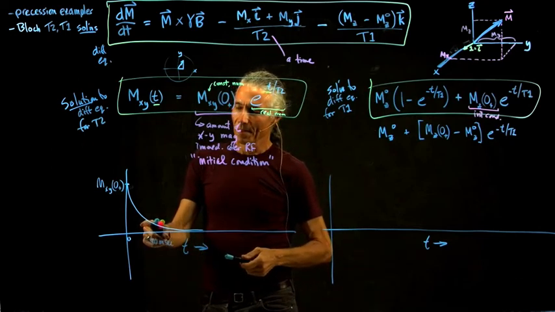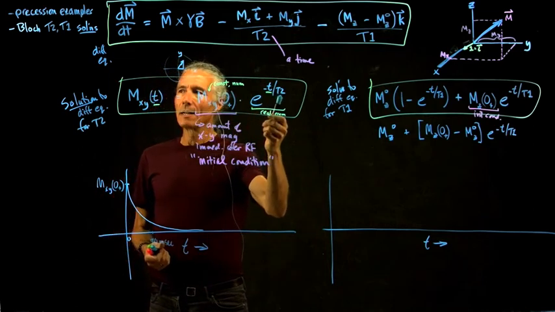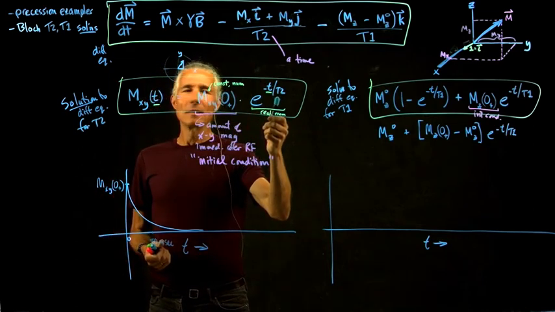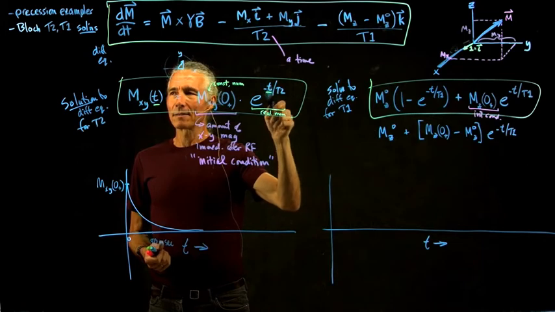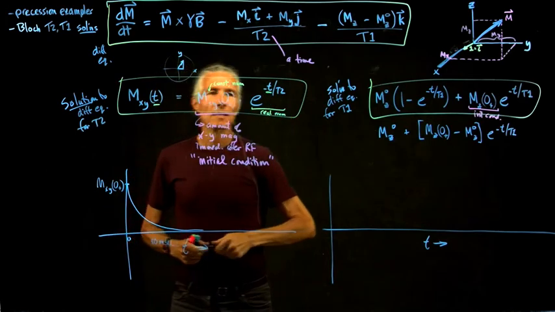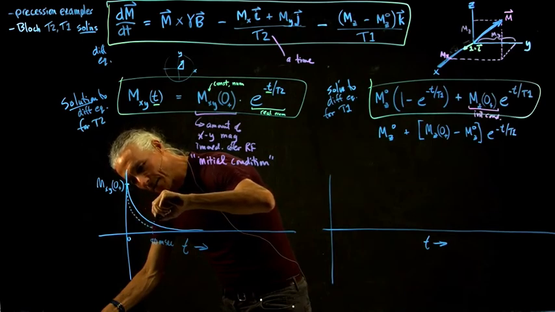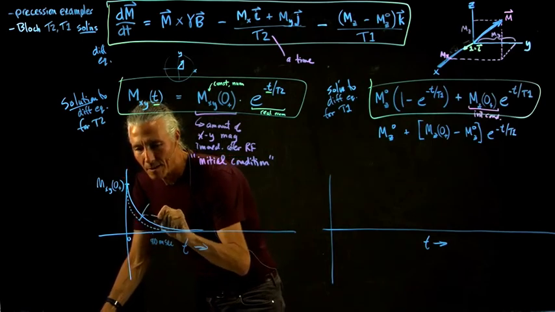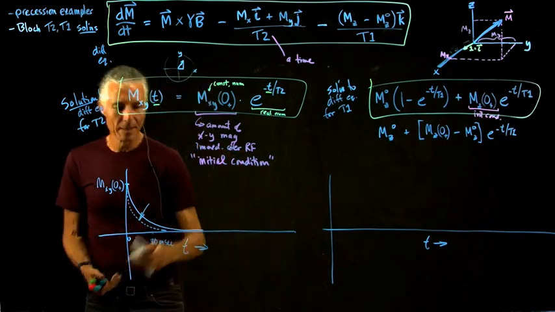And if we have a different T2, for instance, what if we have a T2 that is bigger? T2 is in the exponent, so if you make it bigger, it's going to make the exponent smaller, and that will cause it to fall off more quickly. Oh, sorry, no, I said that exactly wrong.